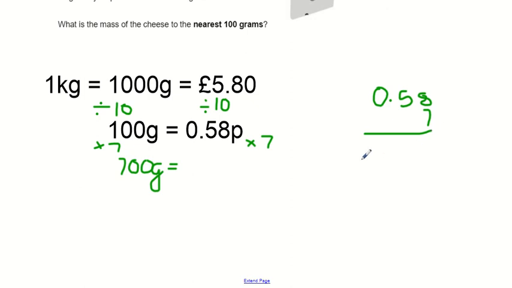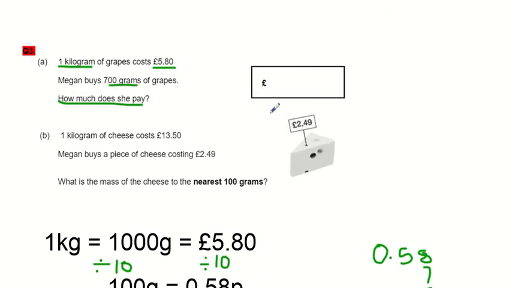Okay, and I know lots of you can do that without me needing to go through. And hopefully when you've done that, you have £4.06. So 700 grams costs £4.06. So that's our answer for number 3A, £4.06.